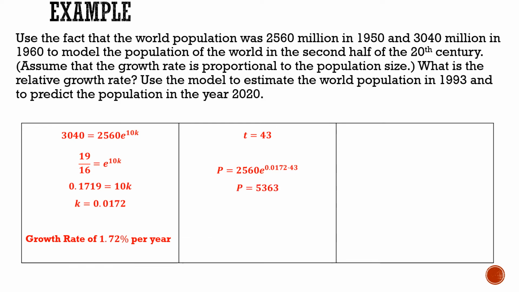I'll plug that whole thing into my calculator and round accordingly because we are talking about people. So I get P equals 5,363. And then the third question asks what's the population in 2020? That would be t equals 70, and I plug it into the same formula and get P of 8534.